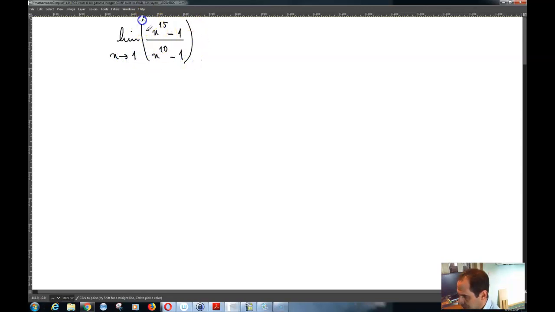Okay, so for example, suppose that you want to calculate the limit of x raised to the power 15 minus 1 over x raised to the power 10 minus 1, when x tends to 1. We want to calculate the limit of this expression.